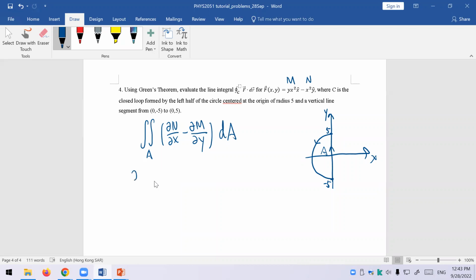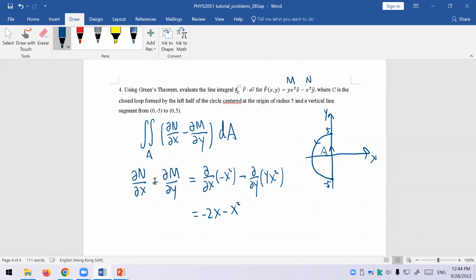So then first I do partial N partial x minus partial M partial y. So which is just partial x of minus x squared and minus partial y of x squared. Okay. So then that means I have minus 2x minus x squared. Okay.